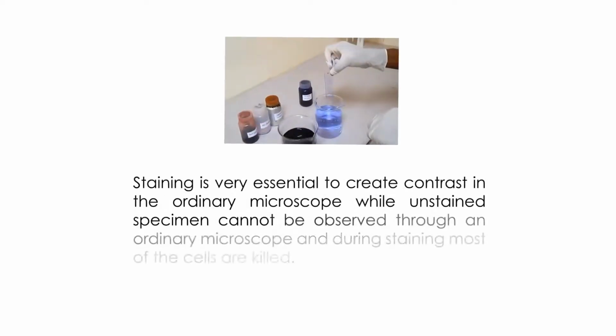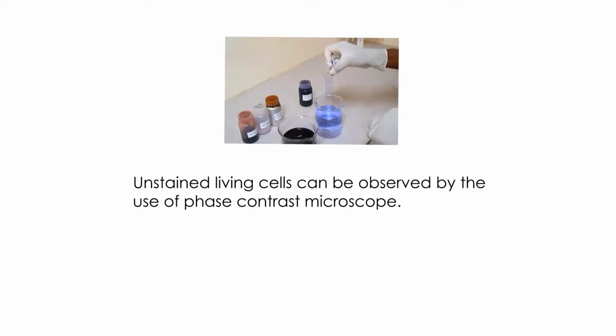Thus, staining is very essential to create contrast in the ordinary microscope, while an unstained specimen cannot be observed through an ordinary microscope, and during staining, most of the cells are killed. In contrast, unstained living cells can be observed by the use of the phase contrast microscope.